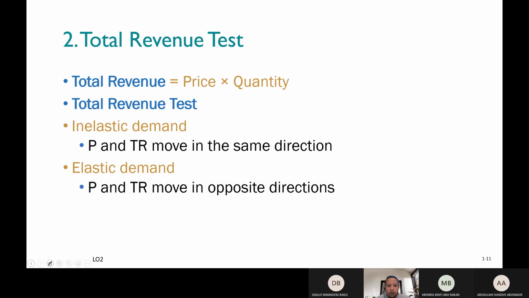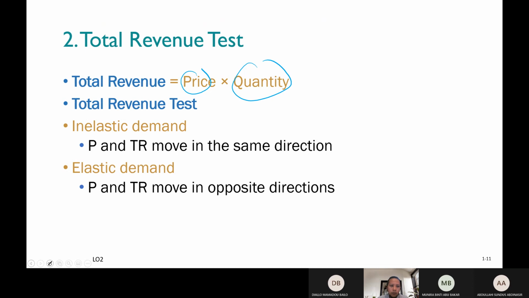The formula is basically calculate the price times the quantity and you will get the revenue, right? So imagine again, you are a restaurant owner, you set a price of the pizza that you want to sell, and you can calculate how much revenue you get by the amount of pizza that is being sold, right? So this is the total revenue.